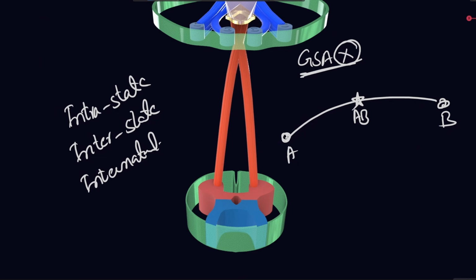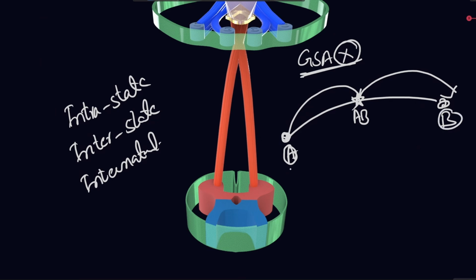So the plane might first go to this AB, and then from there it might go to B. But when we are classifying, we are looking at the departure and arrival location. So this is, let's suppose, the departure location, and this is the arrival location.